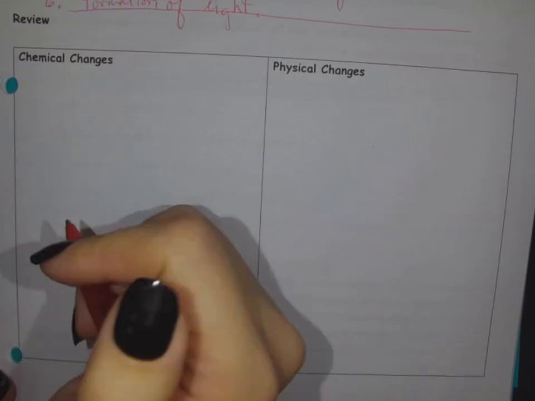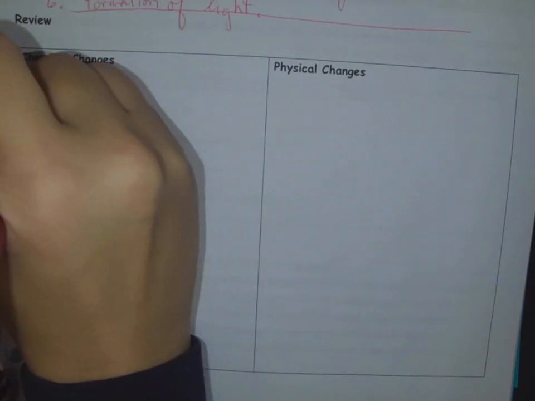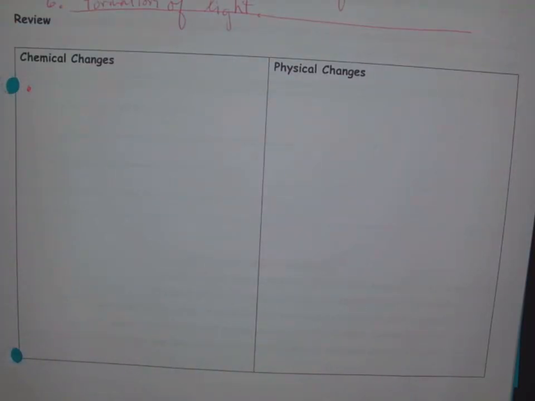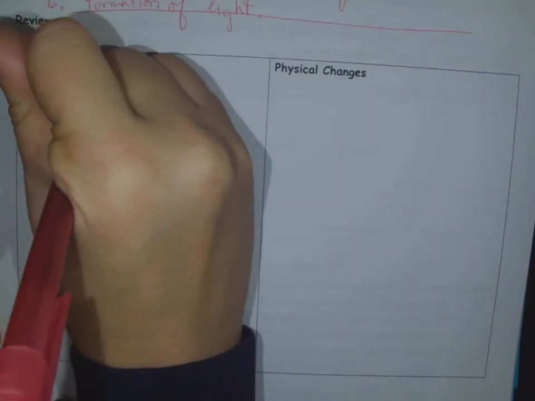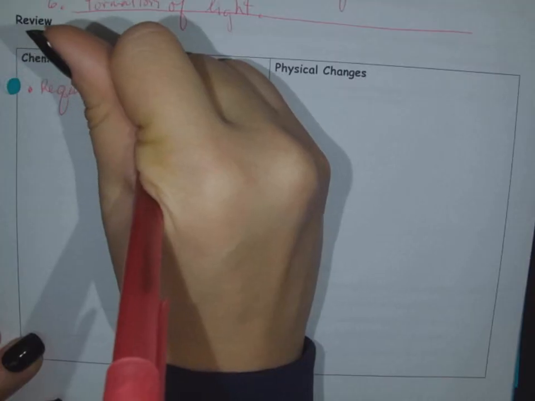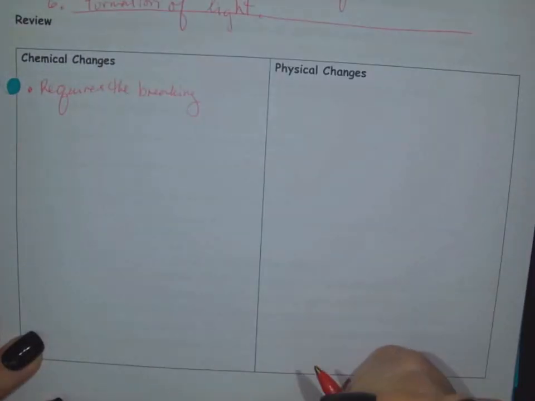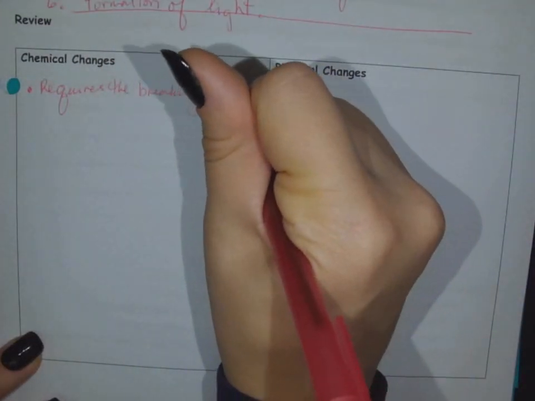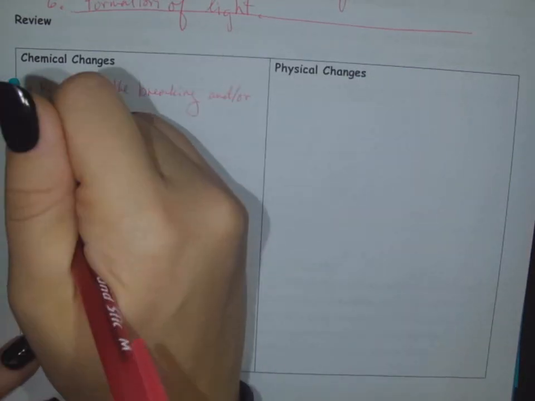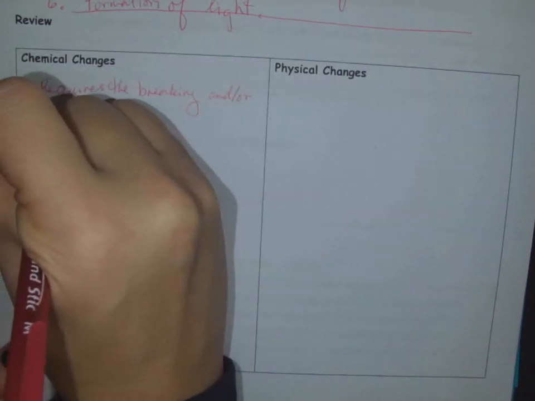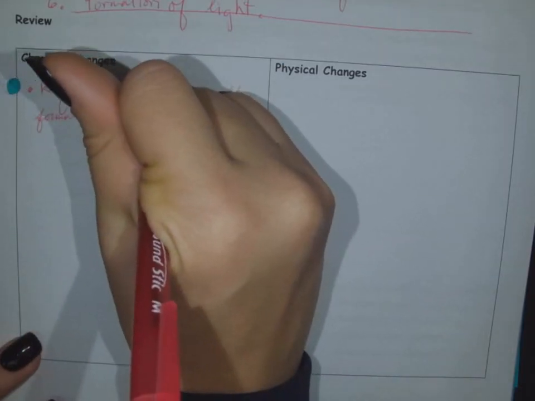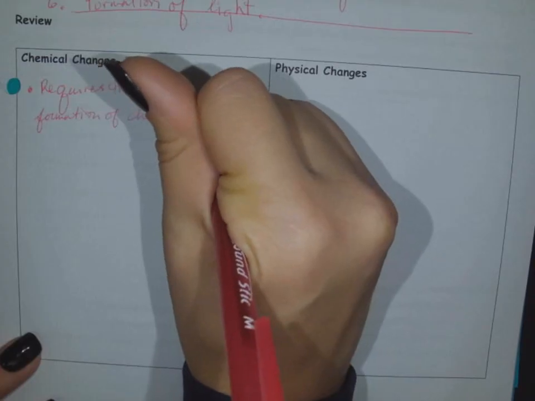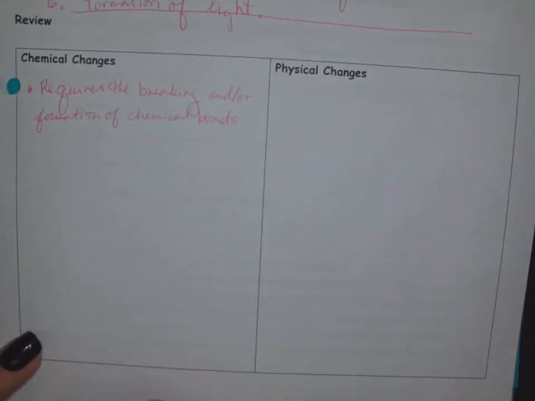So first off, a chemical change requires the breaking and/or formation of chemical bonds, okay?